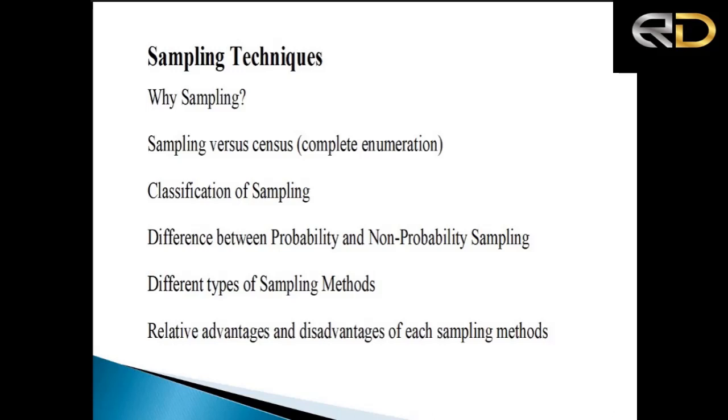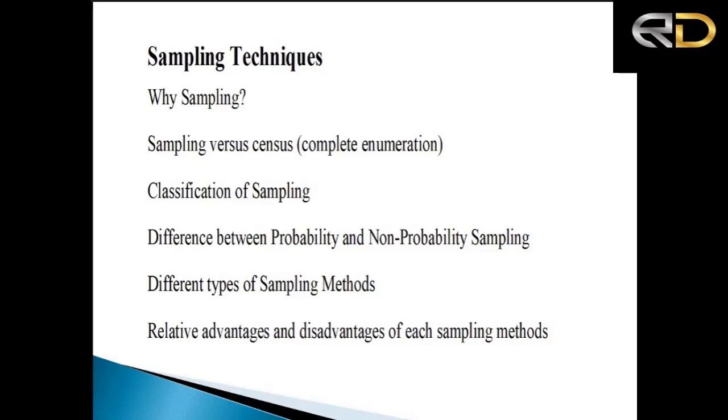Whenever the unit is selected according to one's own rule, suppose we have red, white, and black balls in a bag and we pick out only red balls, this is non-probability sampling, because here we are applying our own rule. It is not random. It is also known as purposive sampling or judgment sampling.